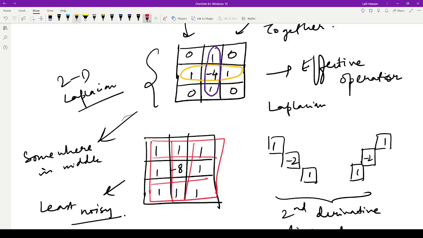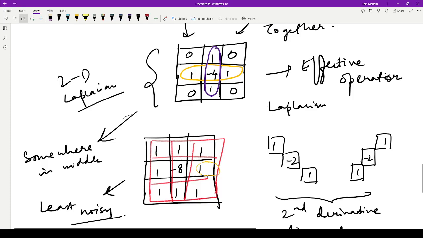Assume that this specific pixel was noisy and all other pixels are non-noisy, and the noise is maybe five intensity values. If the intensity value is I, then the noisy value would be I plus 5, right?